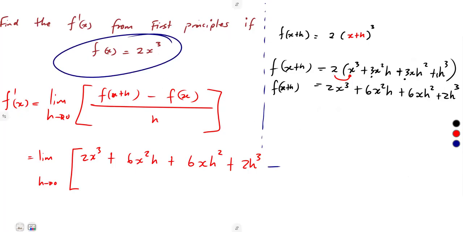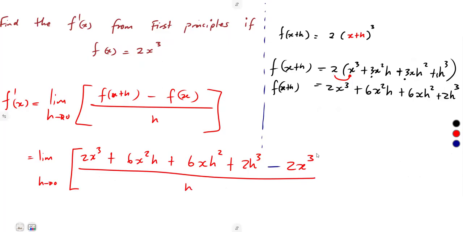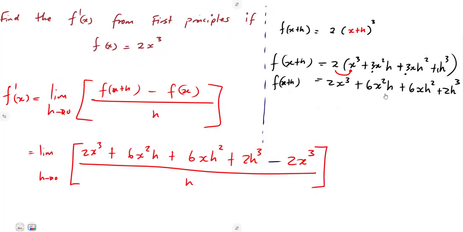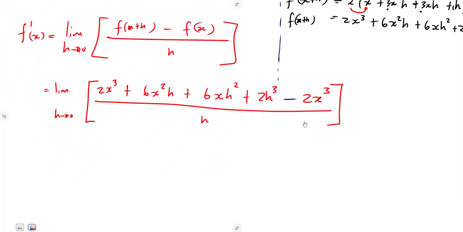This is the original function that you're given, which is 2x cubed. So you subtract that, 2x cubed. Everything over h. Remember your steps. You have substituted your f of x plus h into the formula, and your f of x. Then subtract where it is possible in terms of the like terms.